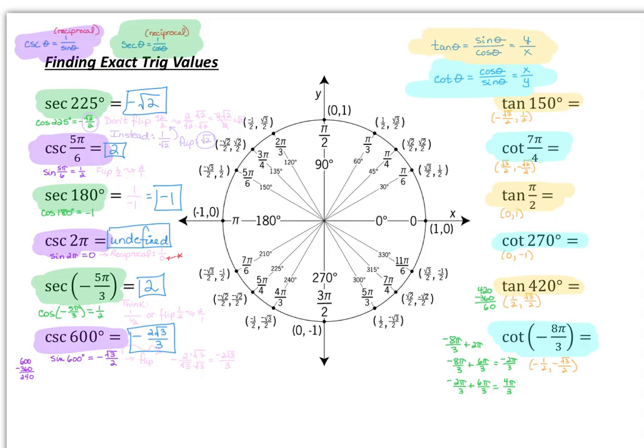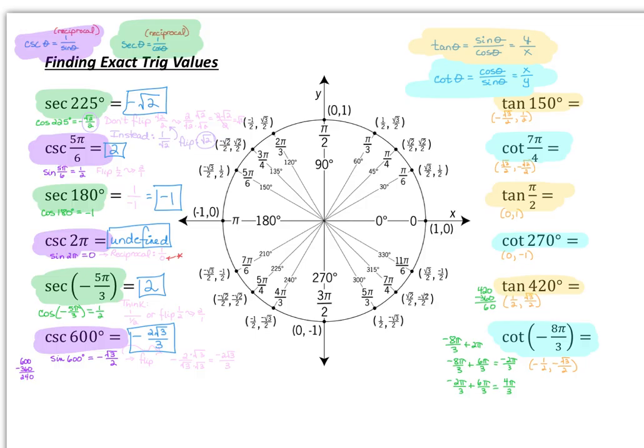And remember that we're going to take the points that I found, the x and y values, and make fractions out of those based on whether we're talking about sine over cos, y over x, or cos over sine, x over y.